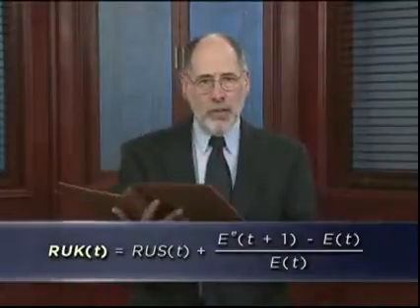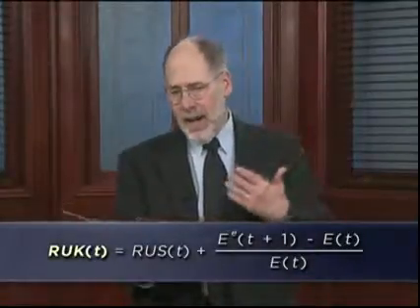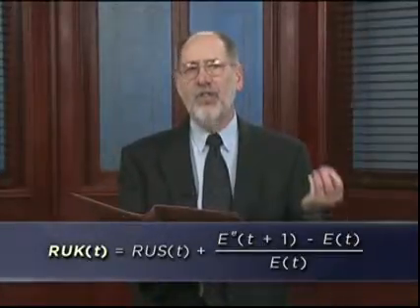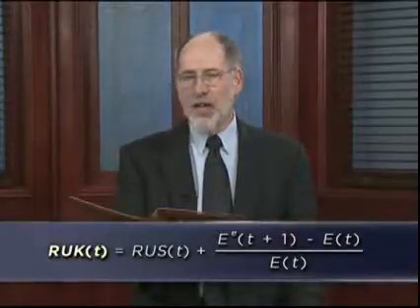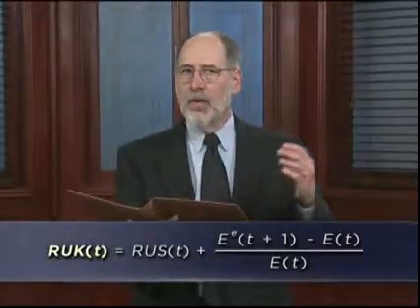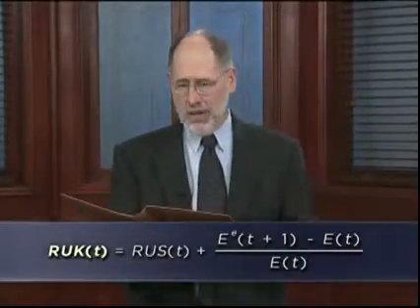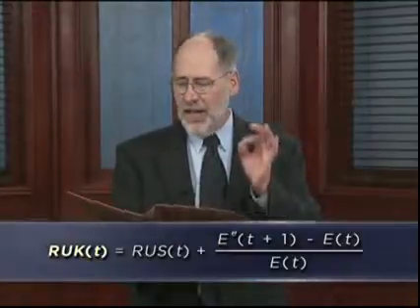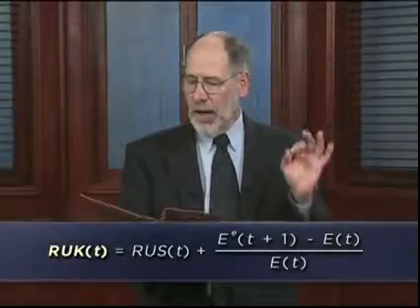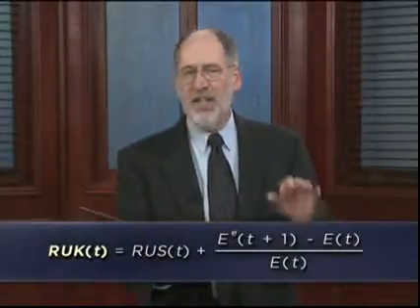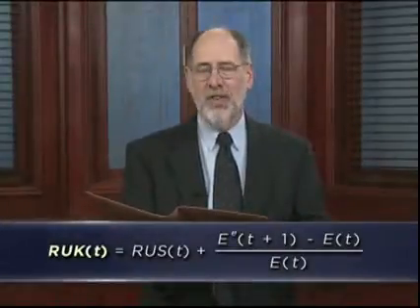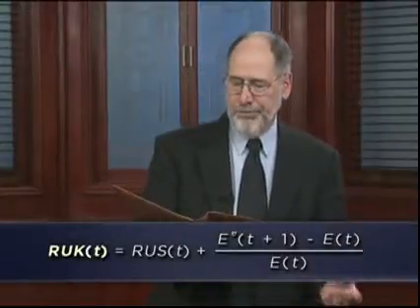But in order to compare apples to apples rather than apples to oranges, we have to adjust R_US for the expected percentage change in the exchange rate between dollars and pounds that will occur over the period under consideration. The interest parity condition makes that adjustment and then says banks will be indifferent when R_UK is equal to R_US plus the expected rate of change in the exchange rate.